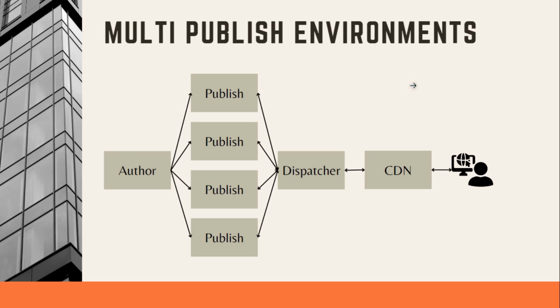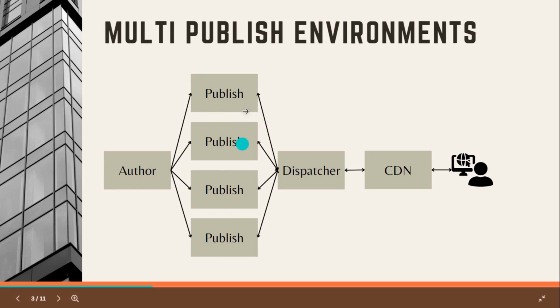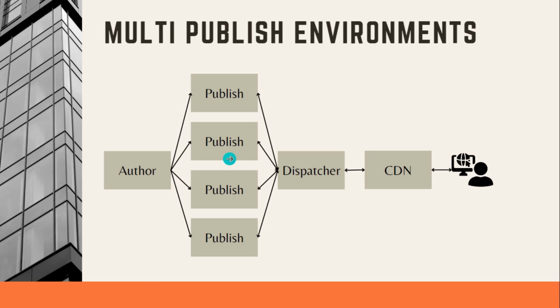But this deployment architecture has few drawbacks. Let's see what are those drawbacks now. The problems with this traditional deployment architecture is that it requires high infrastructure cost. For example, you have 4 publish instances, but there might be some times like festival seasons wherein the load will be heavy on the servers, right?